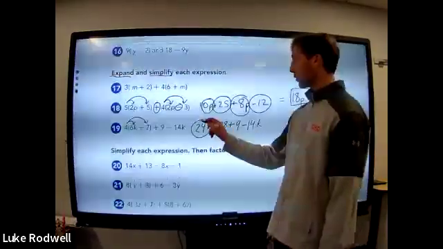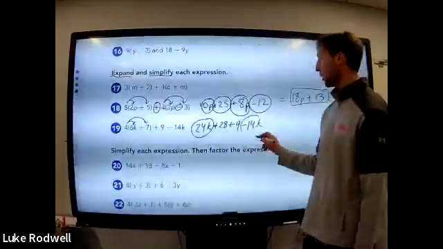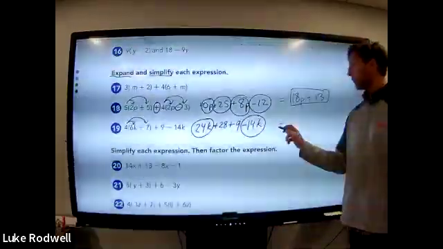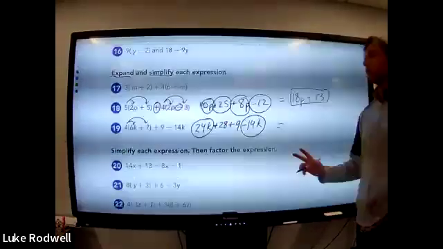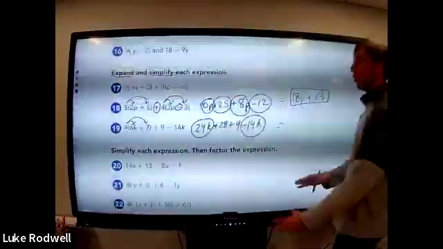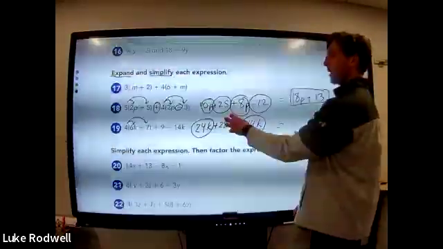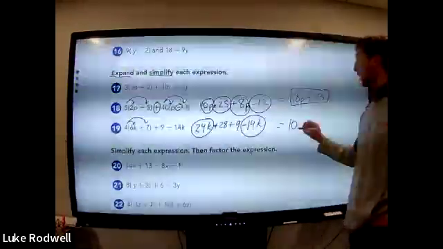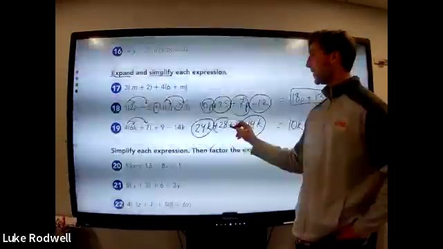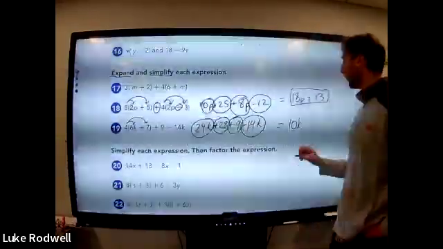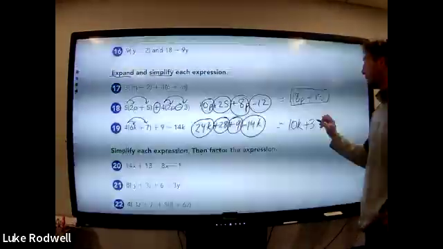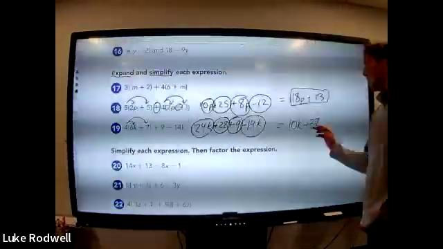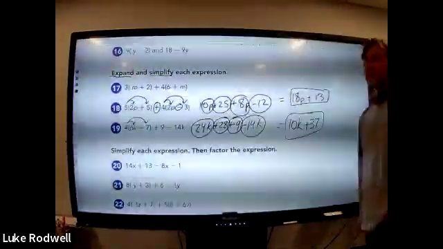So what do I start with? I've got 24k and I'm taking away 14k. I'm simplifying from 4 terms down to 2, collecting all of my k variables and then just collecting my constants. 24k minus 14k is 10k. And then 28 plus 9 will give me positive 37. And that is your answer for that one there, guys.